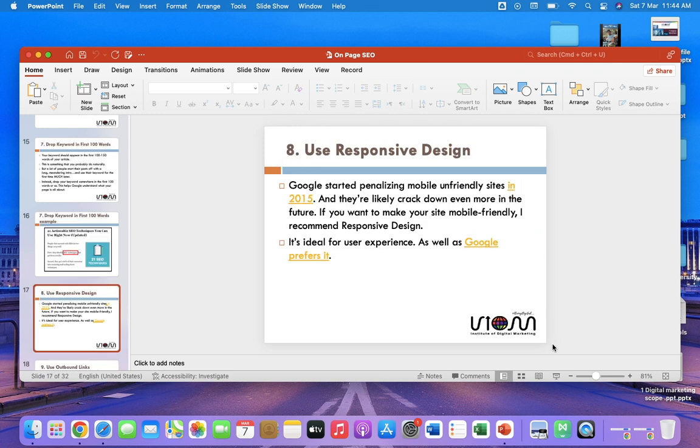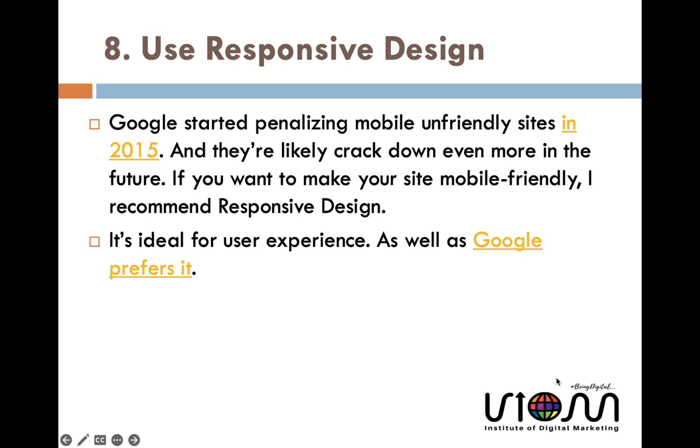Use responsive design. This we have already seen in the algorithm. What Google says is that your website should be responsive or mobile friendly. What do we mean by responsive or mobile friendly? Your website should respond to the screen size. For example, mobile has a small screen size, and a laptop has a bigger screen size, right? So according to the screen size, your website should shrink or enlarge accordingly.